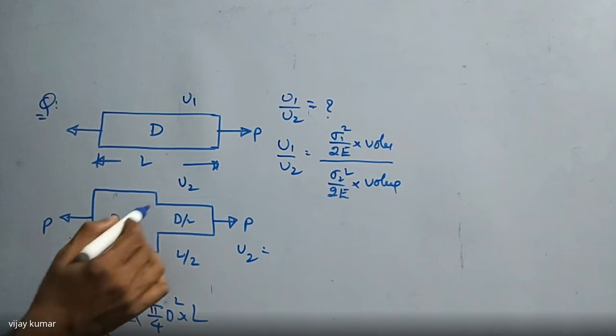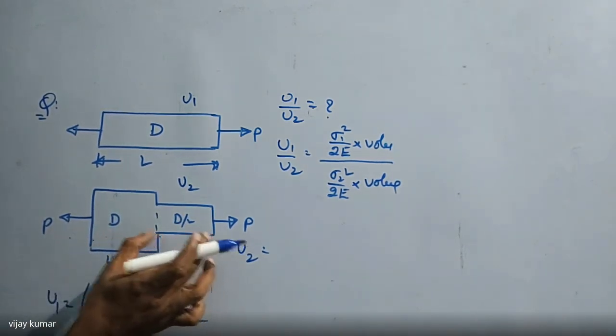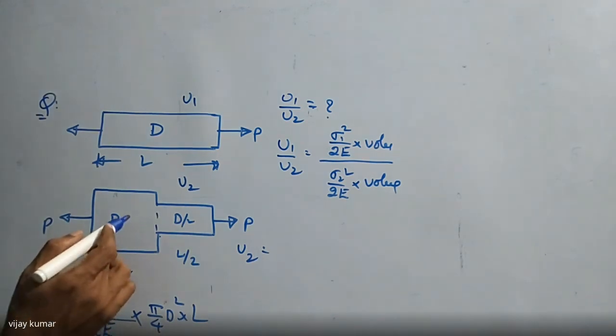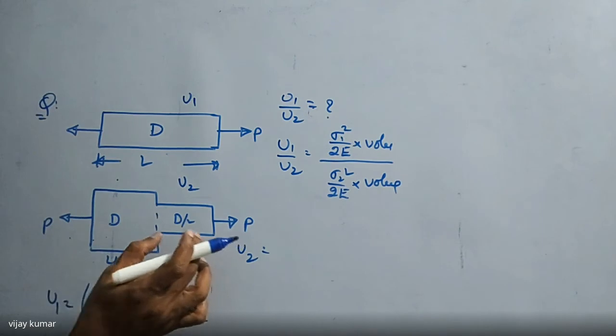This one is nothing but a half of this portion. So strain energy in this portion plus strain energy in this portion. This portion is nothing but capital D. This portion is nothing but small d.